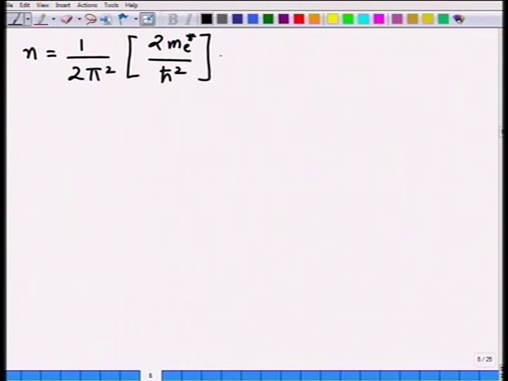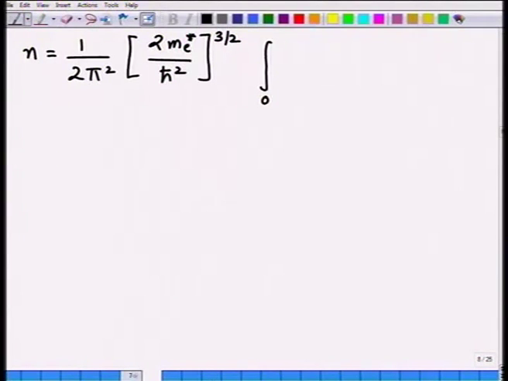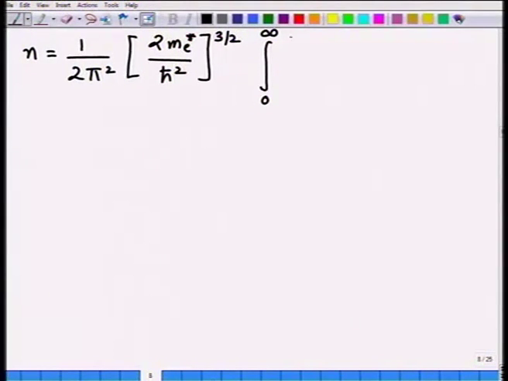If so, now I can write n as equal to 1 over 2 pi square, 2 ME star by H bar square to power 3 by 2, and now I want to integrate it. When E goes to EC, then eta goes to 0, so I am going to write this as 0, and when E goes to infinity, then eta goes to infinity. So, this integration is up to infinity.